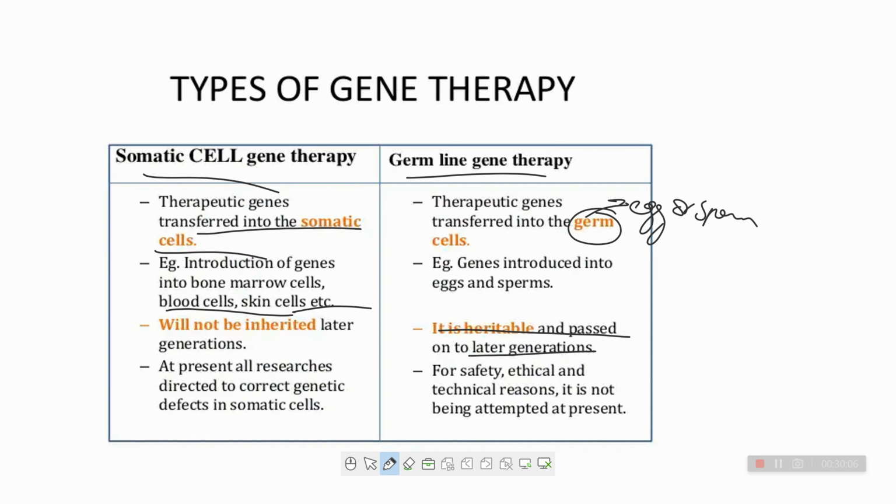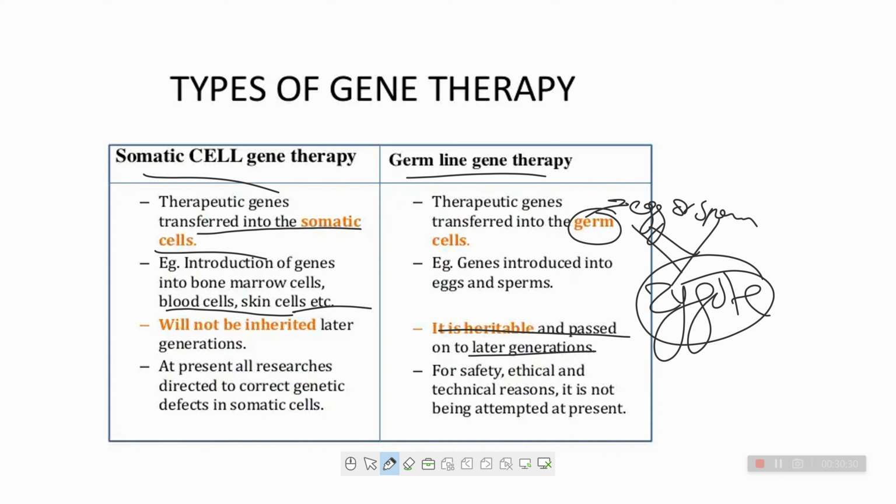Why? Because this zygote will be formed by this sperm and egg, and this zygote contains the therapeutic gene information.